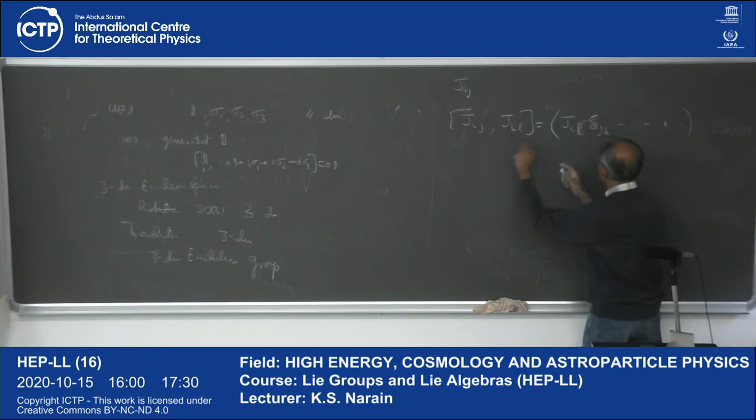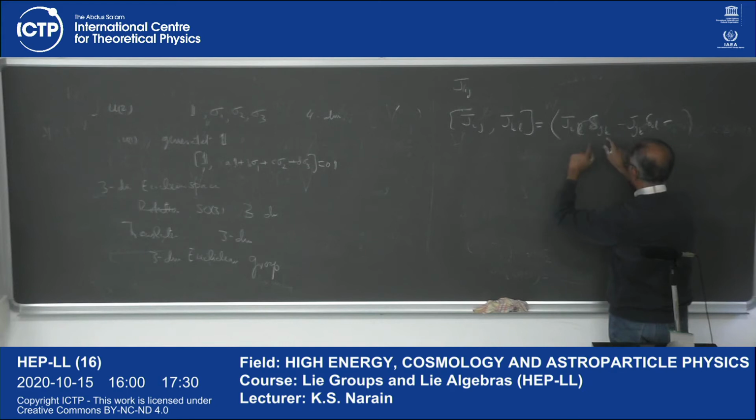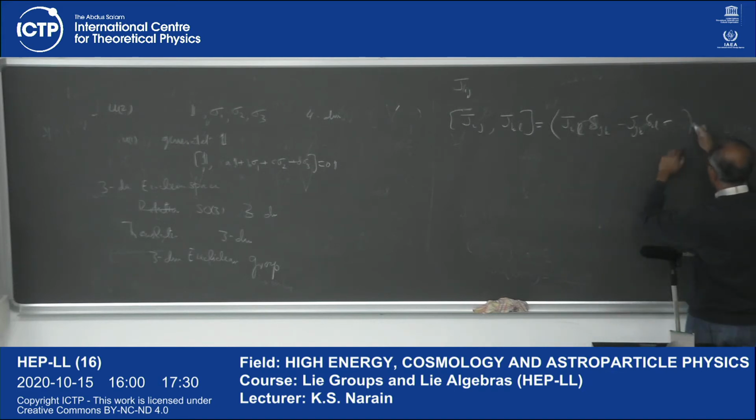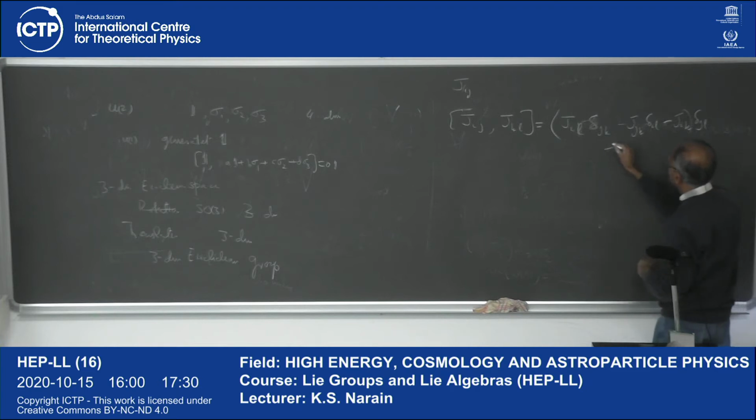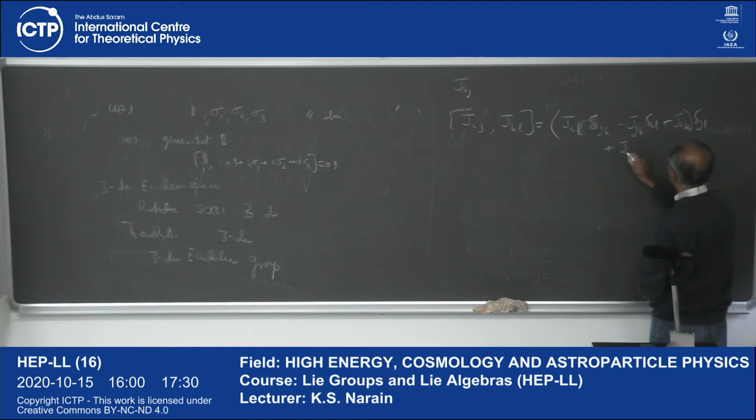For example, ij is antisymmetric, so I should antisymmetrize. So one term would be Jjk delta il, minus, now it also antisymmetrizes in kl, so I'm going to get Jik delta jl, and then finally there is a term, because I have to also again antisymmetrize this with the kl, so I'll get minus minus plus Jjl delta ik.